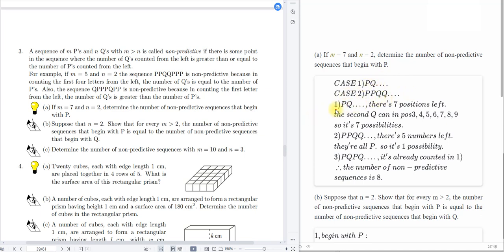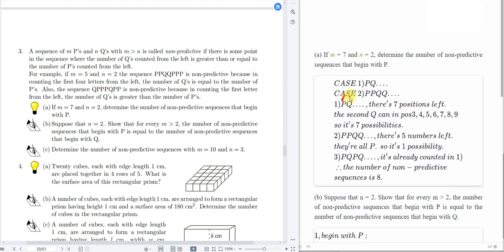We discuss the first case, begin with PQ. Okay, so begin with PQ, there are 7 remaining positions after this Q. The second Q can be in position 3, 4, 5, 6, 7, 8, 9.